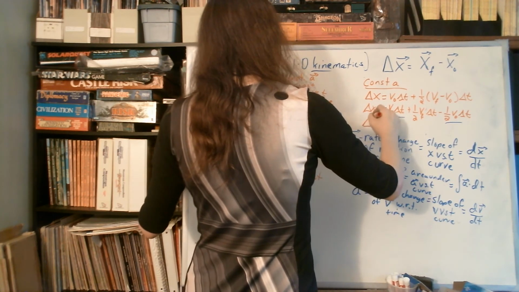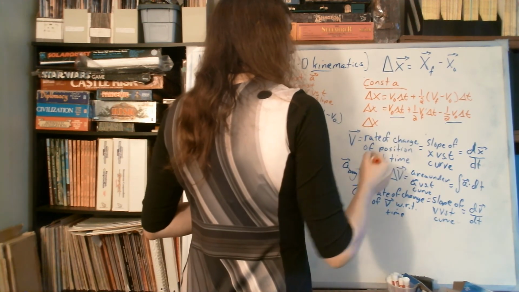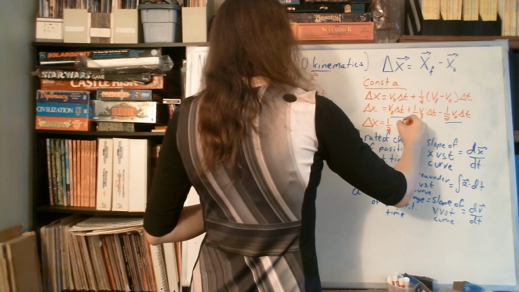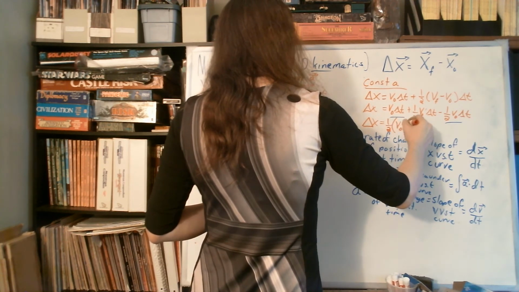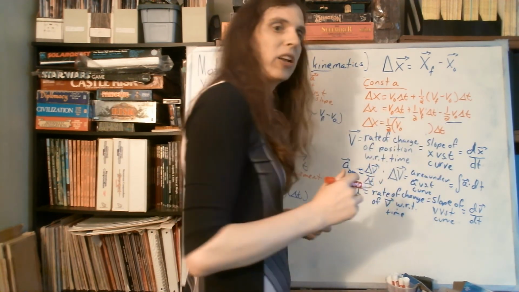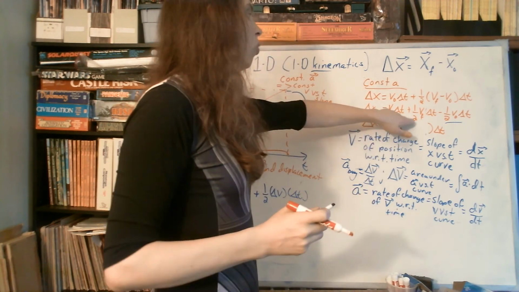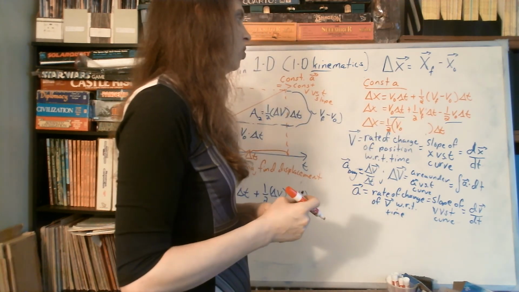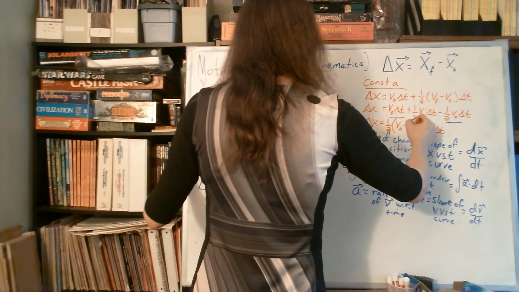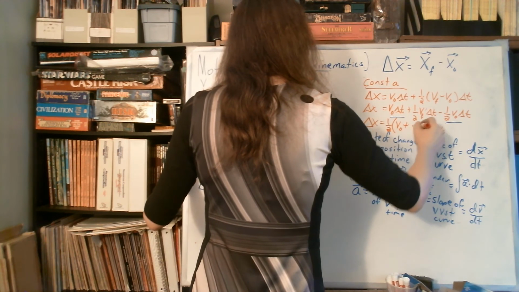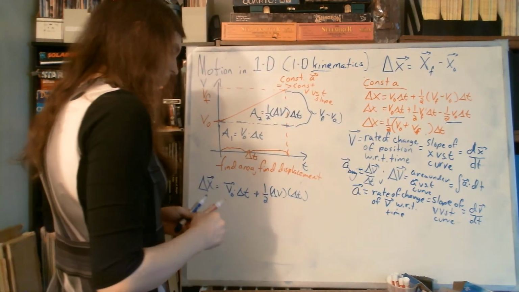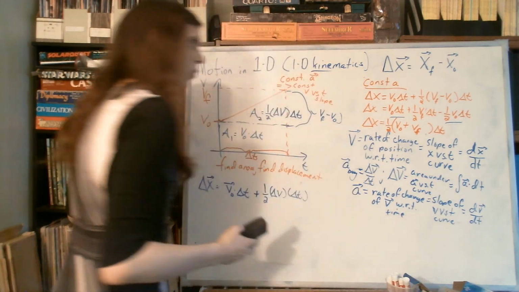So that means we're going to be left with just 1/2 v0 times delta t. We also have 1/2 v final times delta t. So the 1/2s and the delta t's are all being shared there. So we got v0 plus v final there. And I'll clean up the writing on this once we have a chance to take a look.